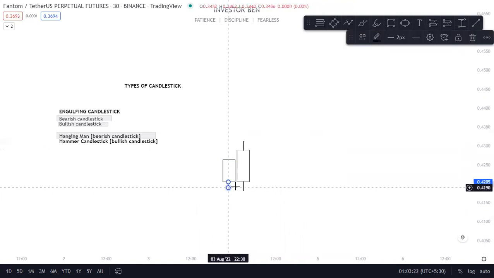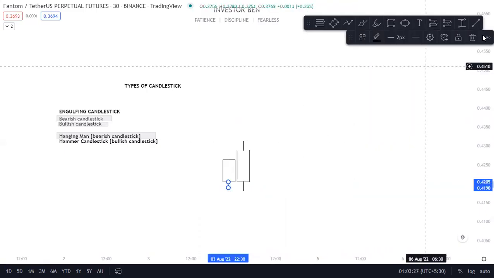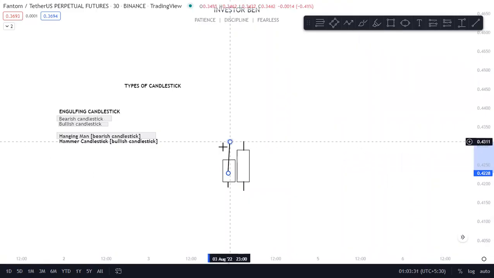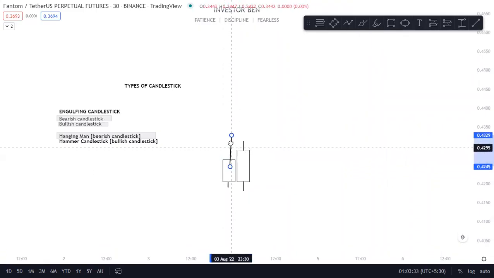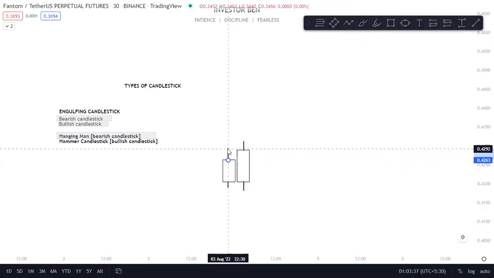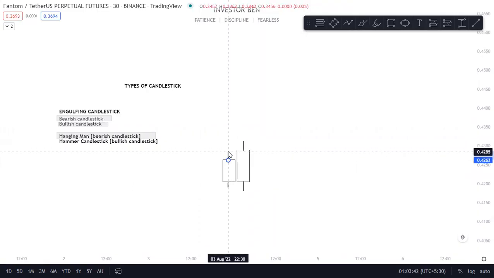Okay, so another one should be here. Yeah, this is it for the engulfing candlestick.